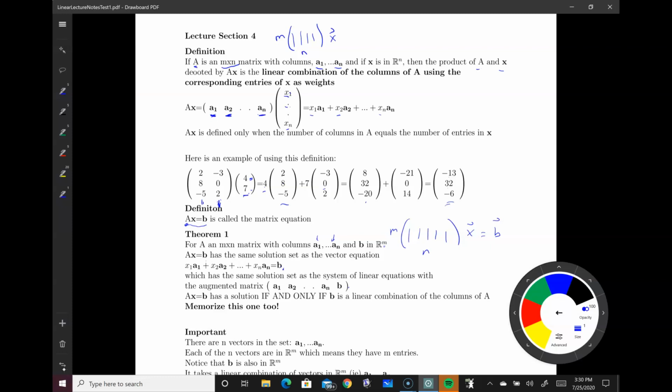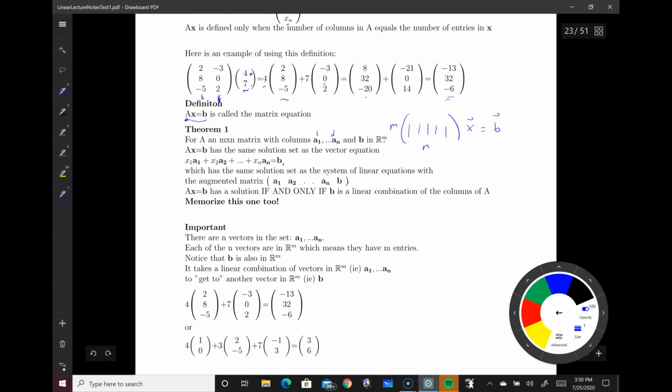So it is true that Ax equals b has a solution if and only if b is a linear combination of the columns of A. All right, good one to memorize. So if I have this set of N vectors, right? And each of these vectors is in Rm, that means each of them has M entries.